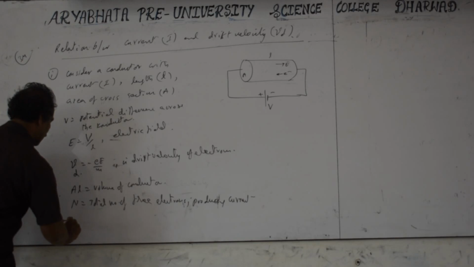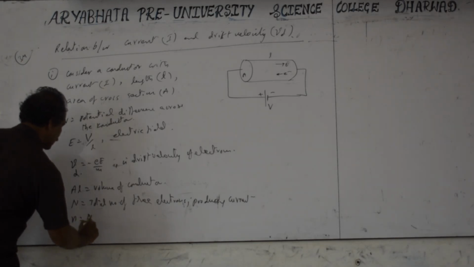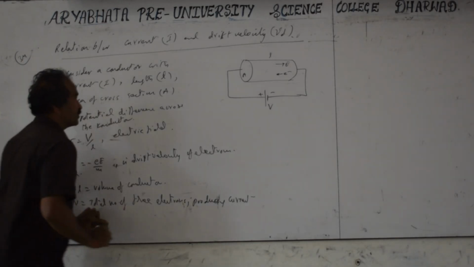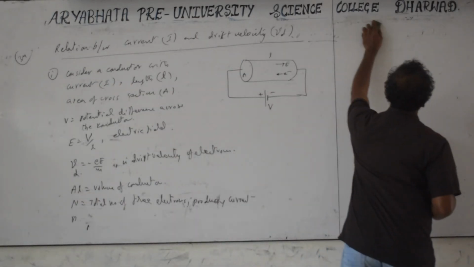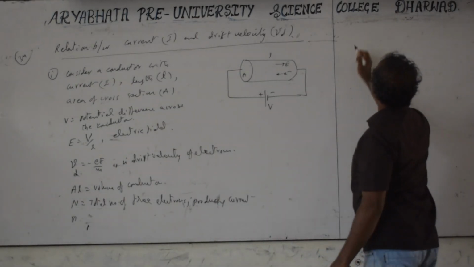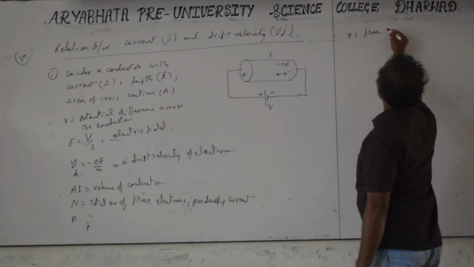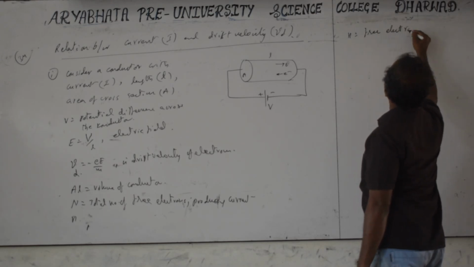And small n equals N by volume, the number of electrons per unit volume, is called the free electron density. n is called the free electron density.